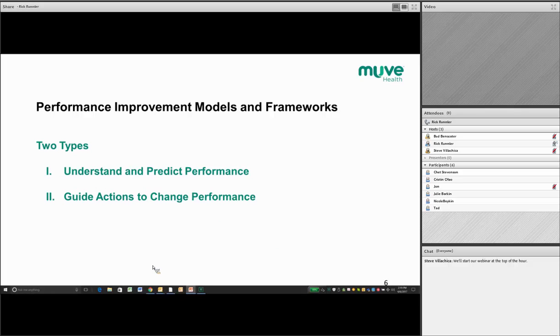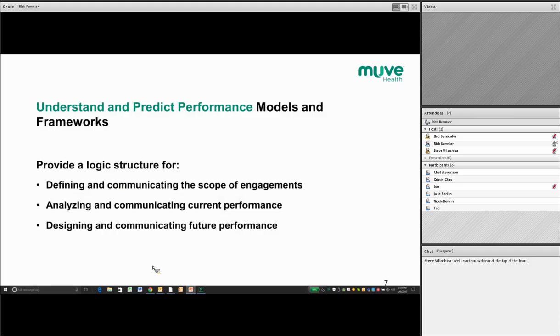So coming back to the two types, what I'd like to do in particular is focus on the first type, understanding and predicting performance. When I look at this set of models and frameworks, where I think their real strengths are is these three: defining and communicating the scope of engagements, analyzing and communicating current performance, and then looking at future performance.